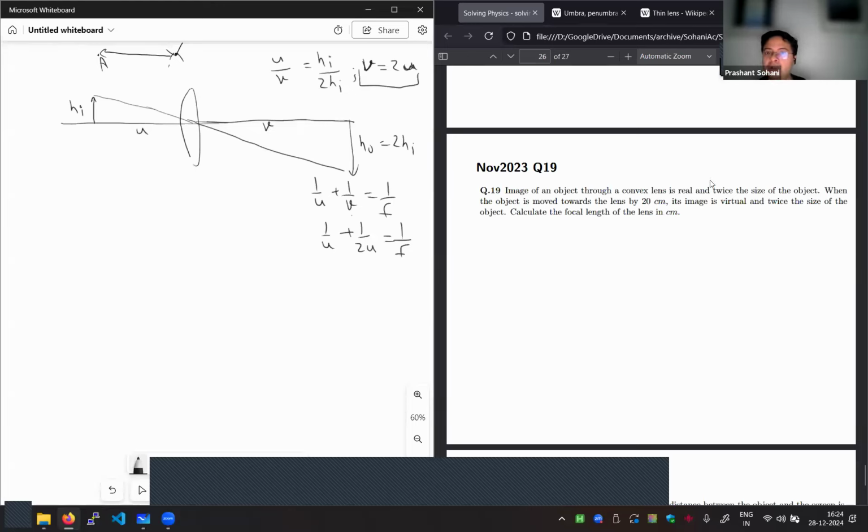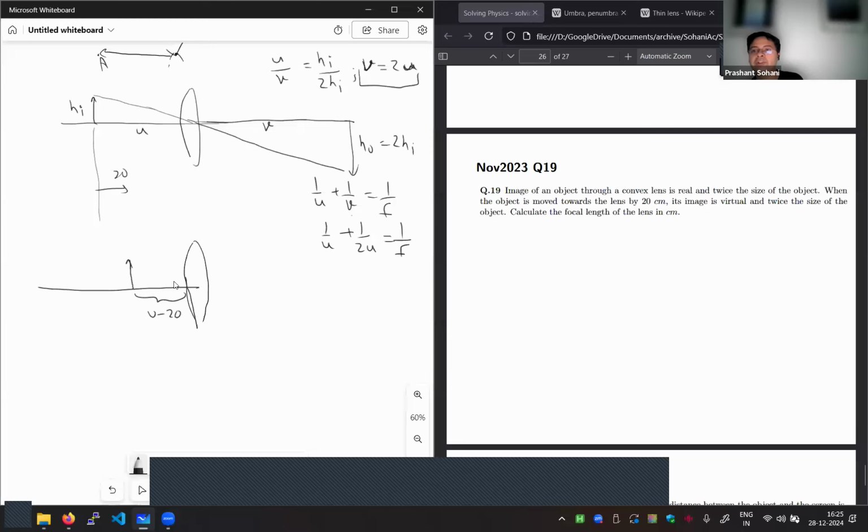So now what is happening in the new picture, the lens is in the same position, but the object is moved 20 centimeter closer. So let us say the object is here now. Compared to here, the object is moved forward by 20. So now this distance is u minus 20, right?